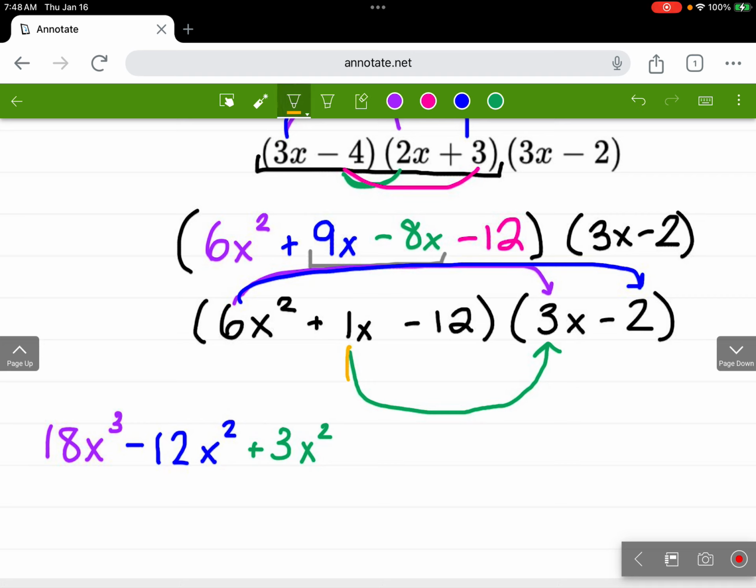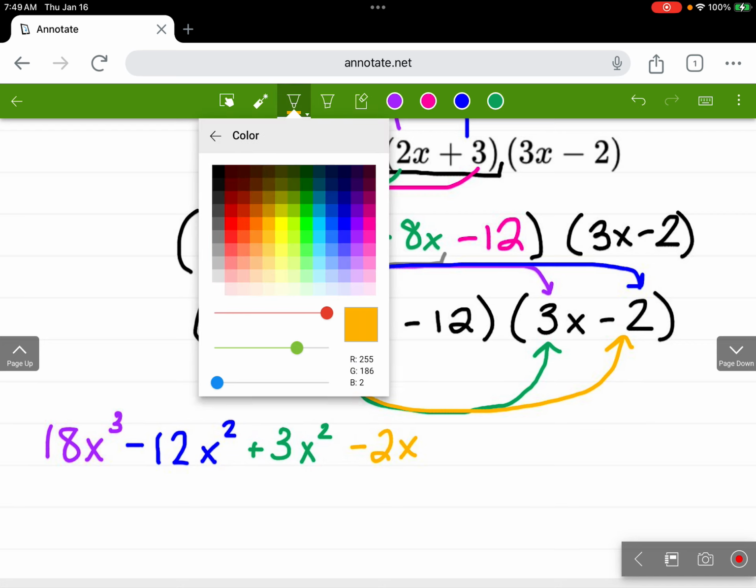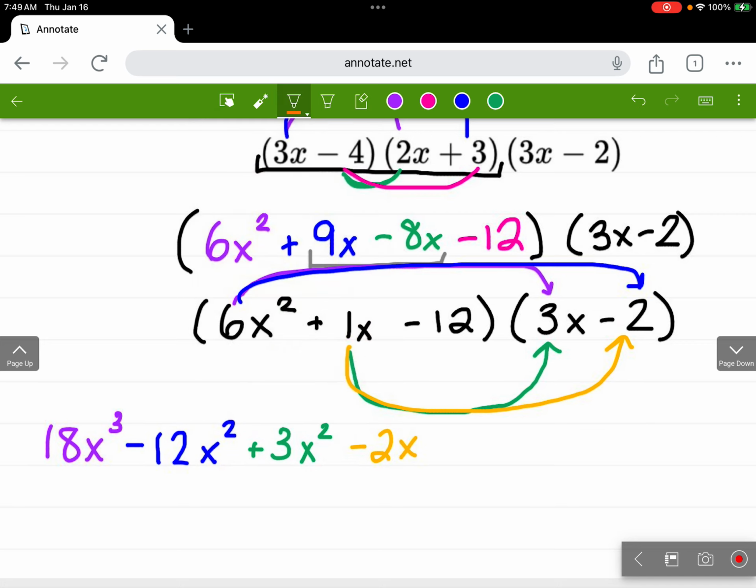Then we're going to take our 1x times minus 2. Negative 2x. This one's probably going to be our biggest number of the day, where we take our minus 12 times 3x. Negative 36x.